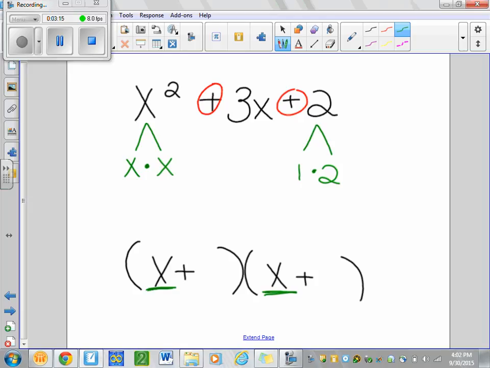If I had more factors of my last term, I would need to figure out which set of factors has a difference of that center term, in this case, 3. Either they have a difference of or they add together to. In this case, add together to. We get lucky. 2 and 1 are the only two factors of 2, and they also happen to add together to 3. So I can carry them straight down.